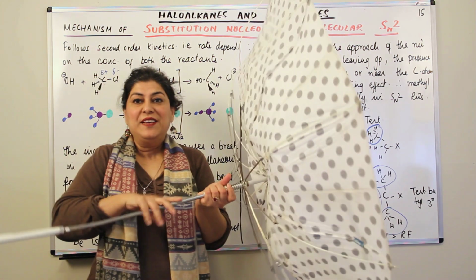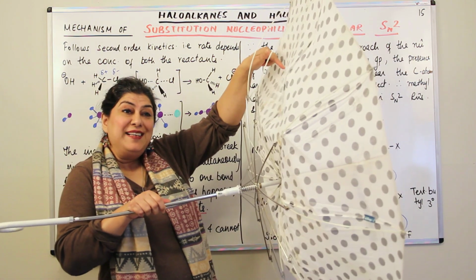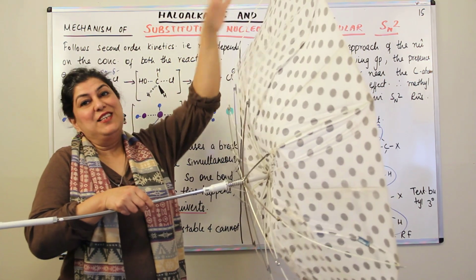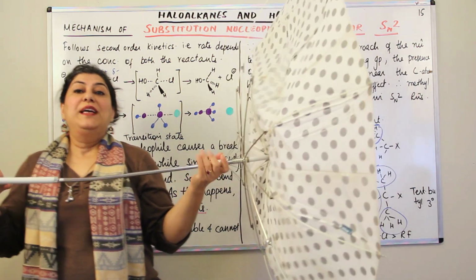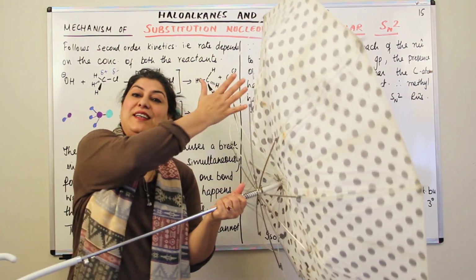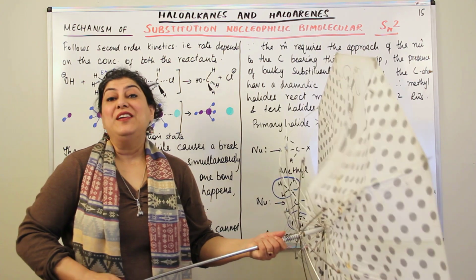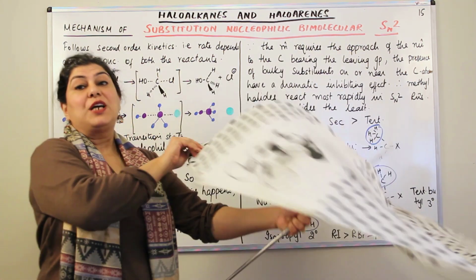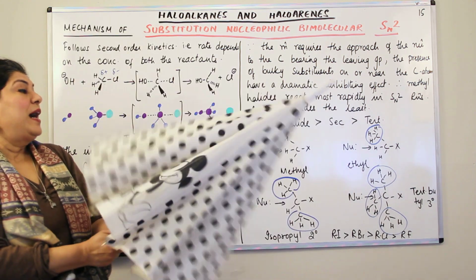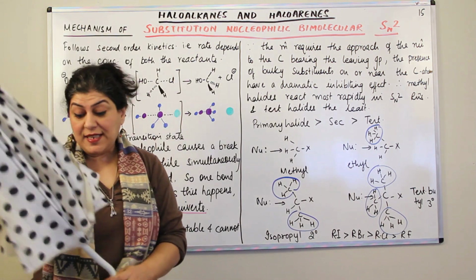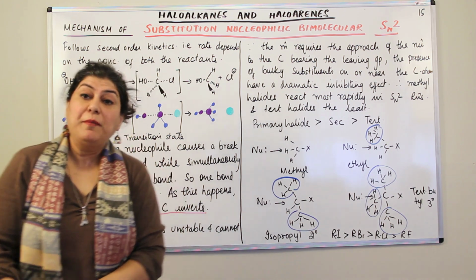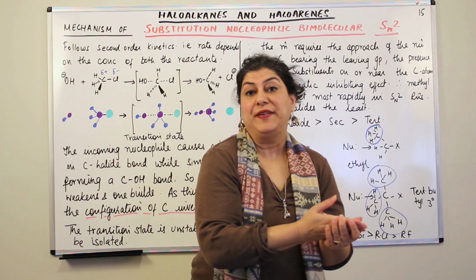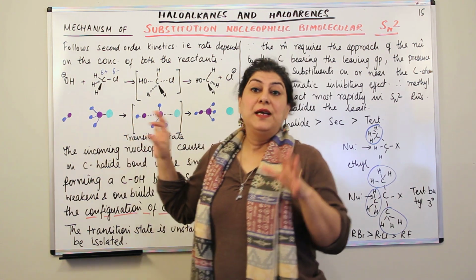Now, the bond here is there, but you can't see the chlorine behind it. The chlorine has left. The chlorine that was attached on that side is no more there, and now in the end you get an inverted umbrella or the inverted configuration, right? So that is what appears to be happening when you have the SN2 mechanism. This is a very important thing to remember in the SN2 mechanism, that it leads to the inversion of configuration when the SN2 mechanism takes place.